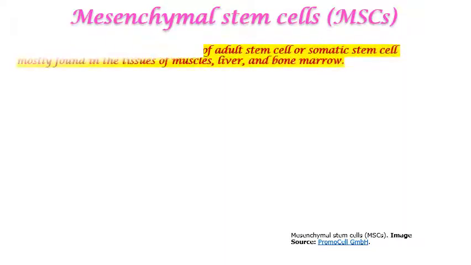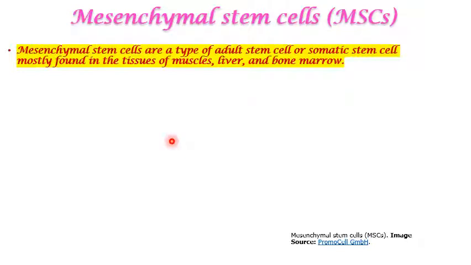Let's see what mesenchymal stem cells are. Mesenchymal stem cells are a type of adult stem cells or somatic stem cells. These are found in tissues like bone marrow, liver, as well as muscles.